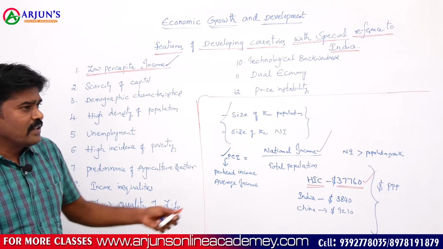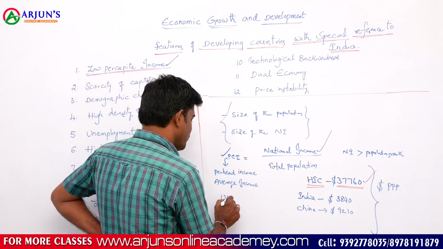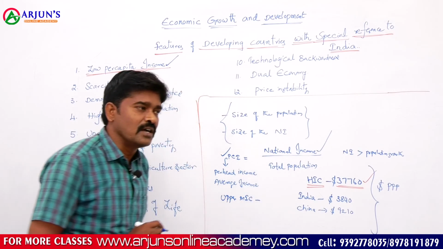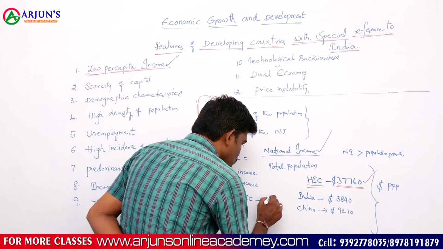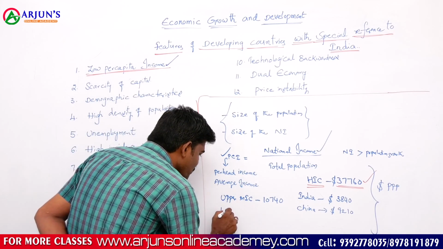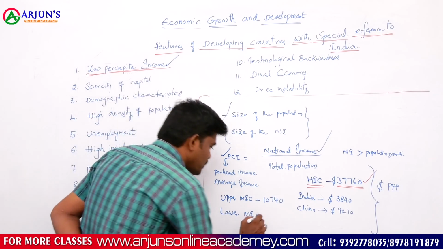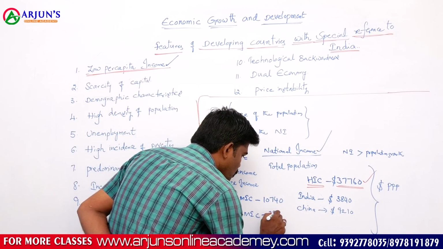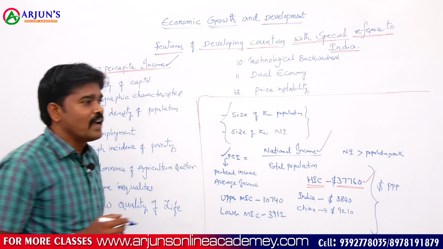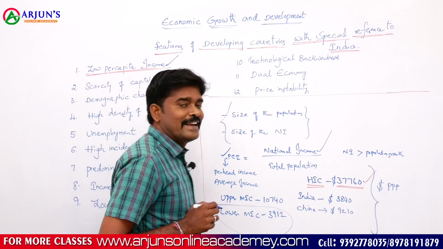When compared to the upper middle income countries, the per capita income of upper middle income countries is 10740, but the per capita income of lower middle income countries is 3912. India comes under the category of lower middle income countries.